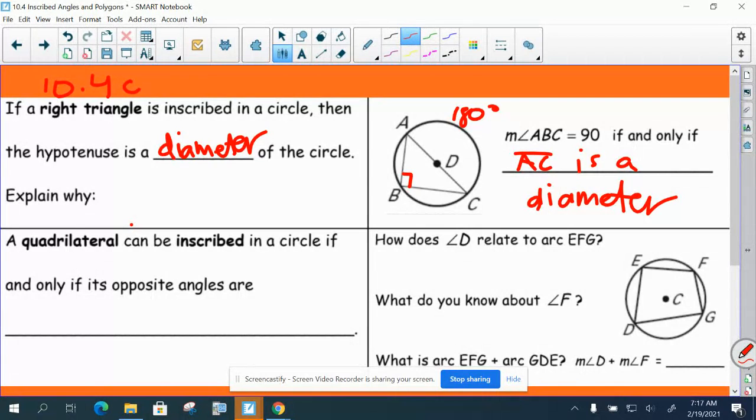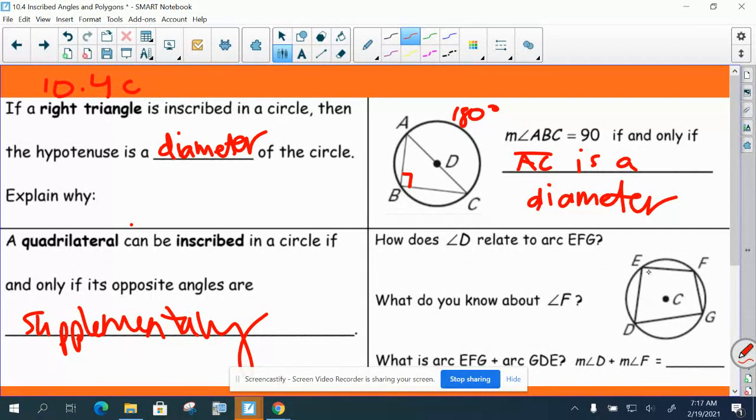A quadrilateral can be inscribed in a circle if and only if its opposite angles are supplementary. And there's another interesting reason for this one. So we're looking at the opposite angles, D and F are supplementary and E and G are supplementary. So how does angle D relate to arc EFG?